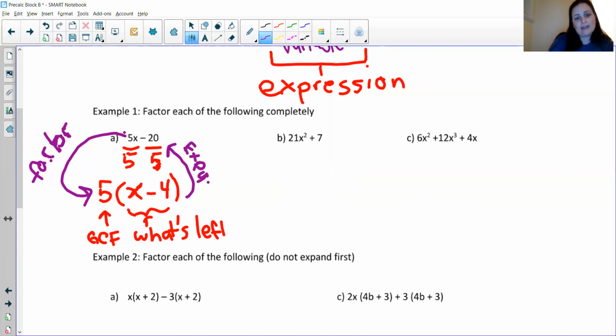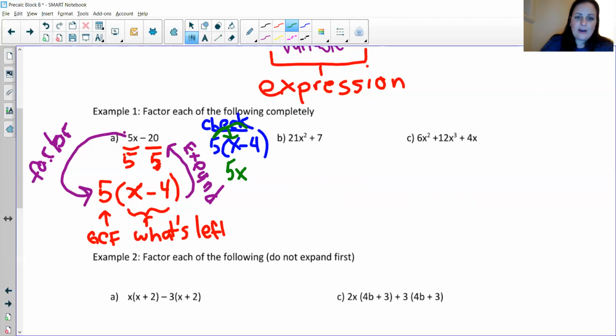And how you expand, ooh, my sideways writing needs some work, is by the distributive method. So I don't really know if I have enough room to do that with my lovely writing, but if we copy out over here and just do a small check, we have 5 times x minus 4. And to do our check, we're just going to multiply 5 by x, which is 5x.